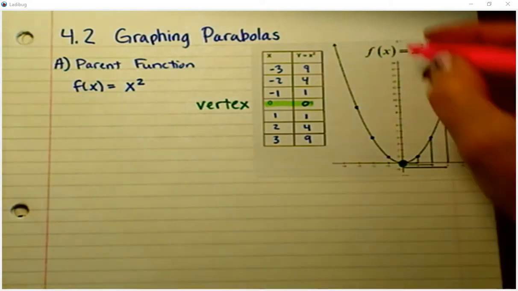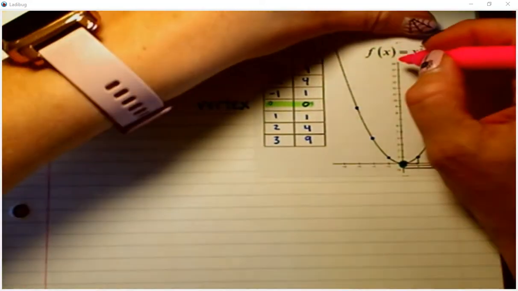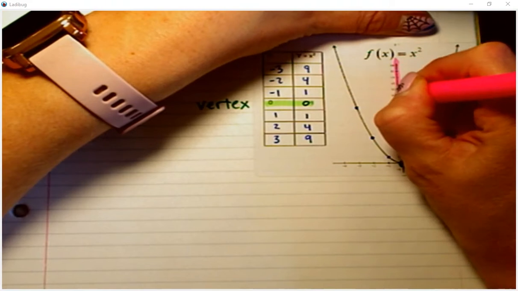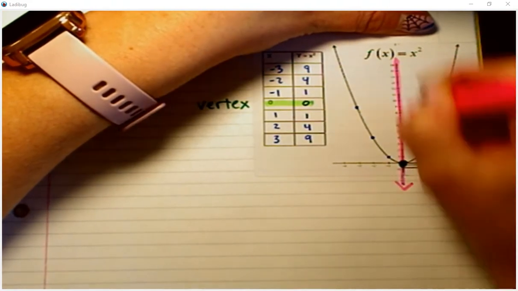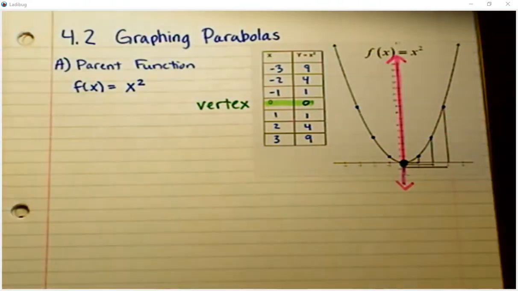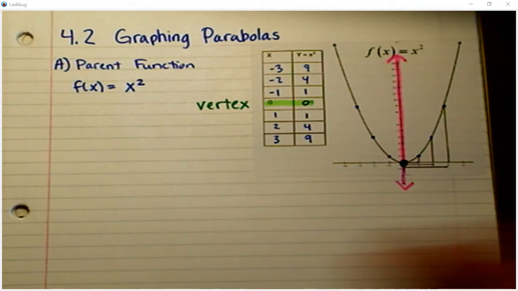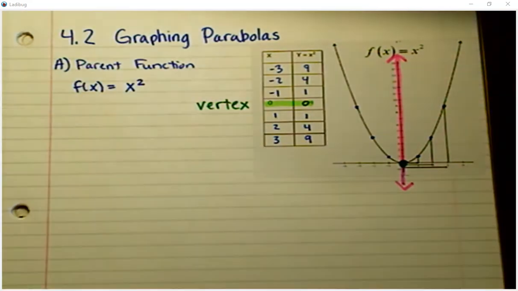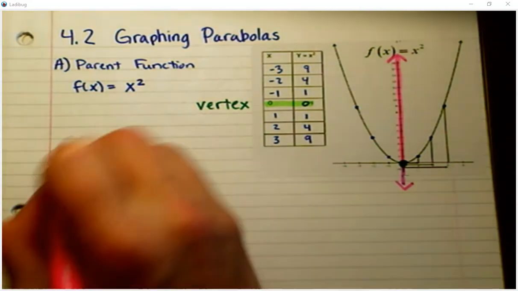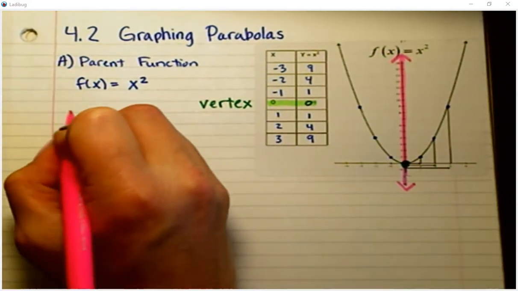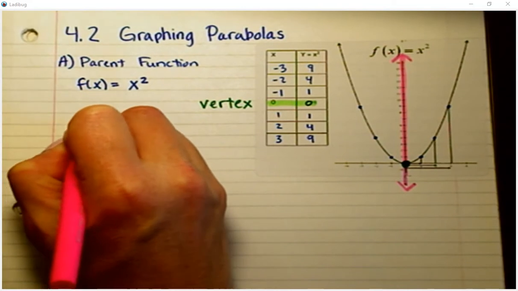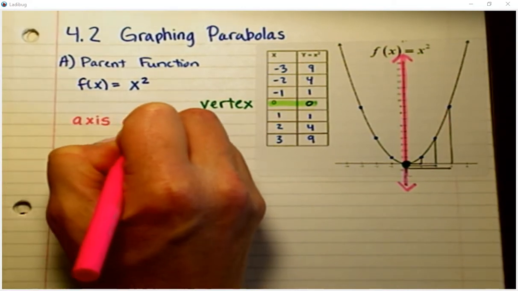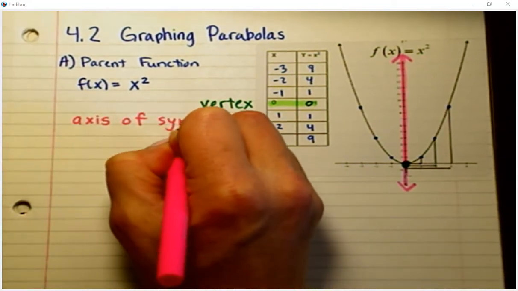Okay, we have this straight line down the middle of the graph, which is kind of where there's symmetry. Notice how the right half is the same as the left half of the graph. And so this is called the axis of symmetry.